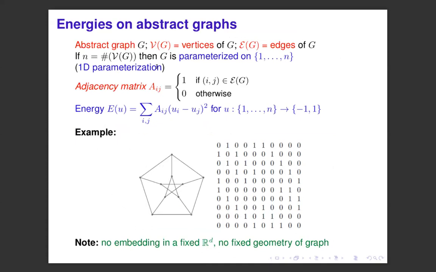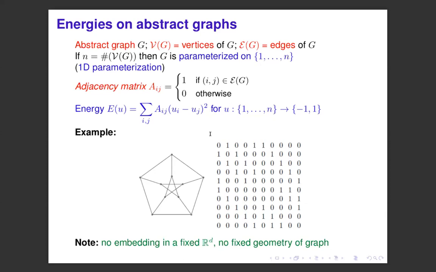And we call n, little n, the number of vertices of G. So the G can be parameterized on 1 over n. So we leave the Z^d or the d-dimensional parameterization, and we go to one-dimensional parameterization. Since we don't have any structure, we take the simplest parameterization that we have.